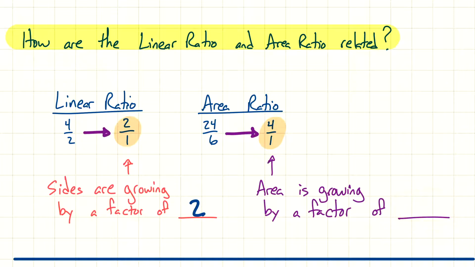All right, if you said 4, you were correct. The sides are doubling in size, but the area is actually getting 4 times as big. So is that always the case? Why is that happening? Does it happen for every single shape?